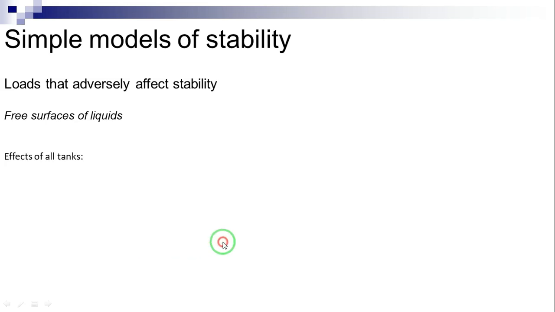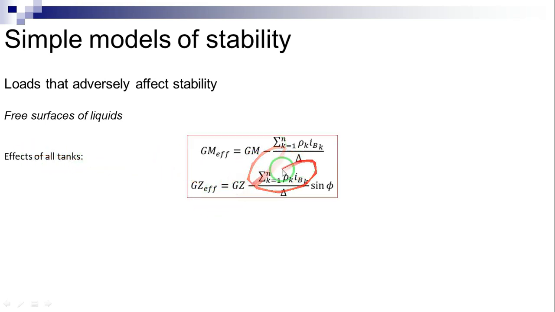In general, ships have more than one tank, and different tanks can contain different liquids. The destabilizing effects of all tanks must be summed up when calculating the effective metacentric height as shown in this equation. Here N is the total number of tanks.